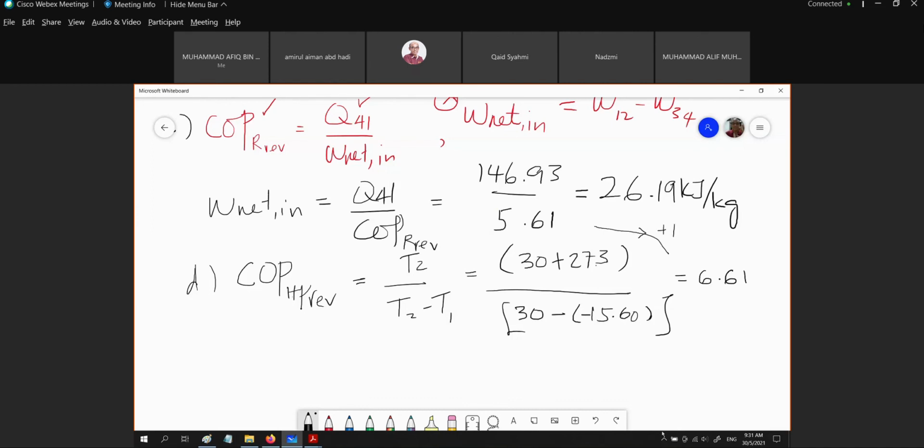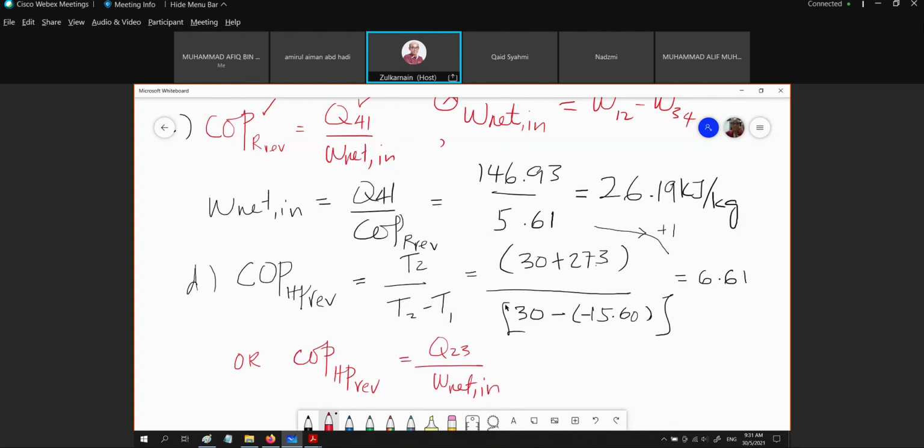Okay, or, oh sorry, we can also use the value of COP heat pump, ref is equal to Q23 divided by W net in.